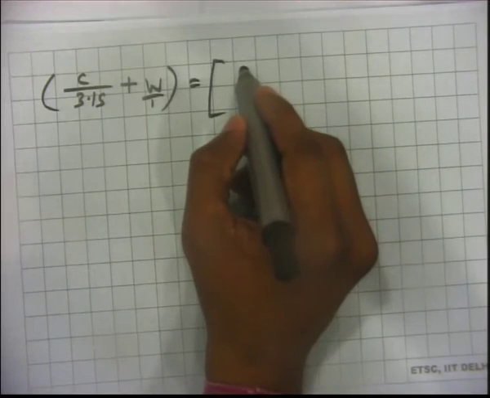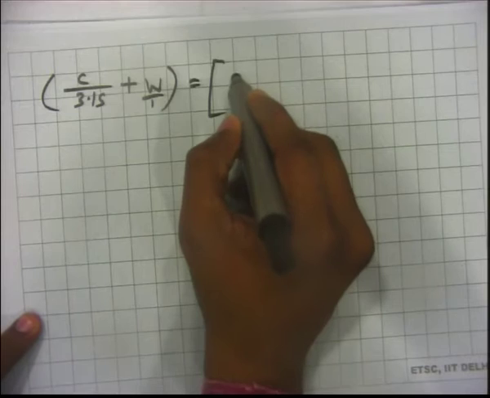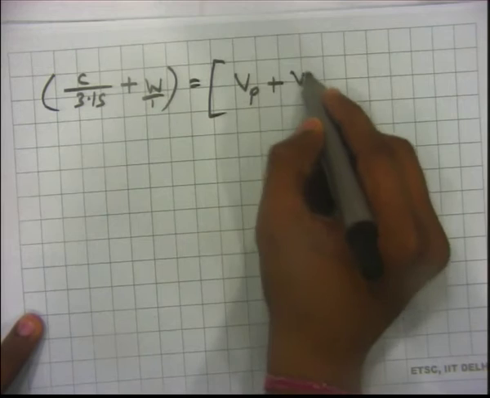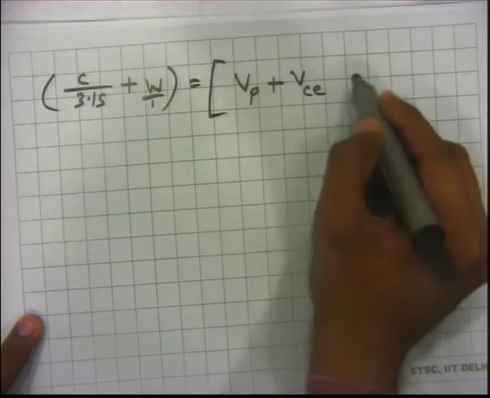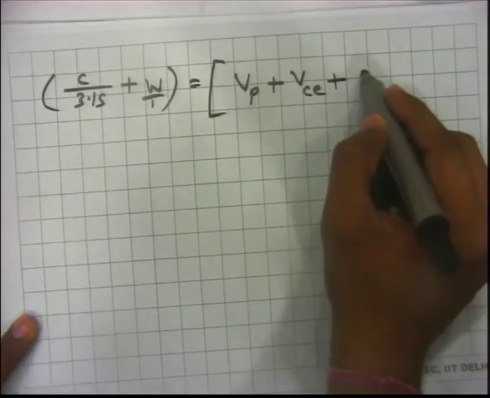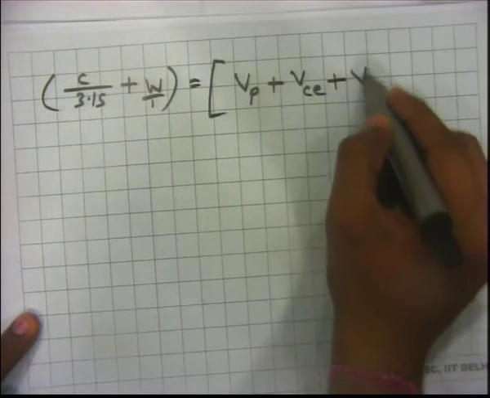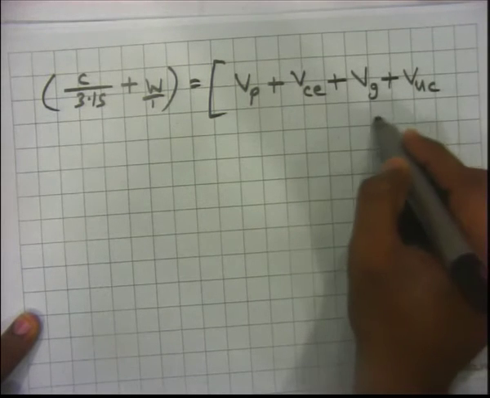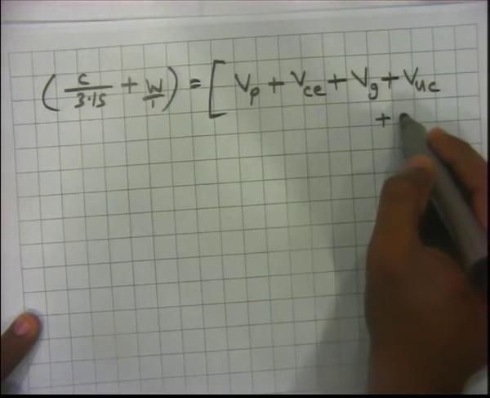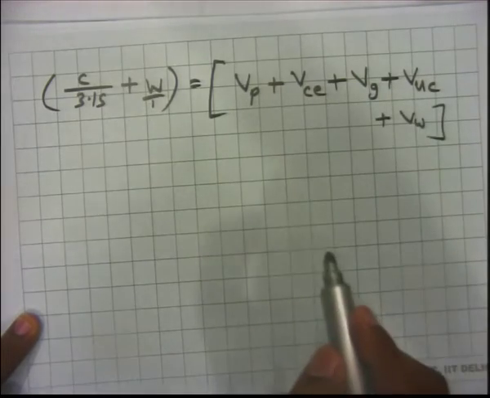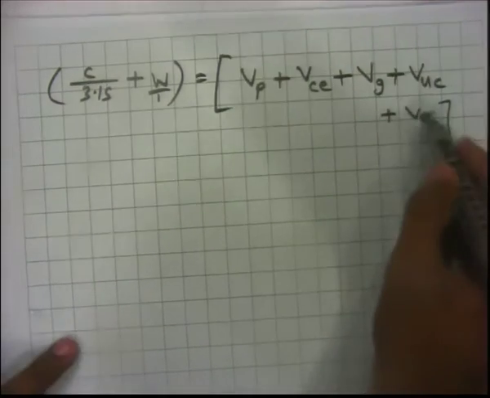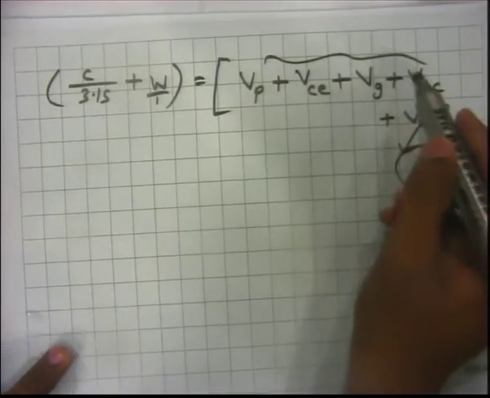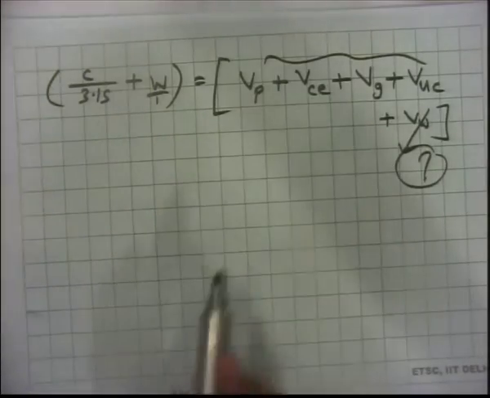The final products we have seen: first the solid products, then the empty capillary, which we have denoted as VCE, plus gel water, plus unhydrated cement, plus capillary water. From here we can calculate this one, because all these four volumes we have already calculated.